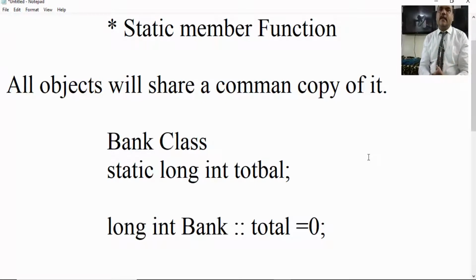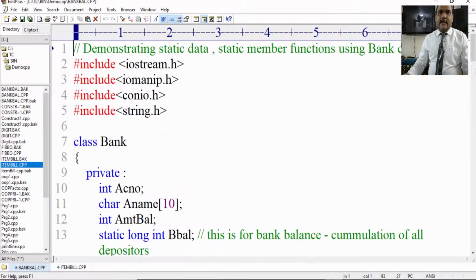Like the example I gave, in a bank class the account number, account details and opening balance are the individual copy of each object. But whenever every depositor performs transactions, the bank balance is going to update. So bank balance must be the static one, and to check the total balance you define static member functions. Let us discuss by example now.